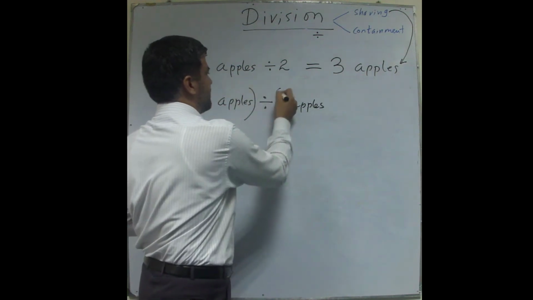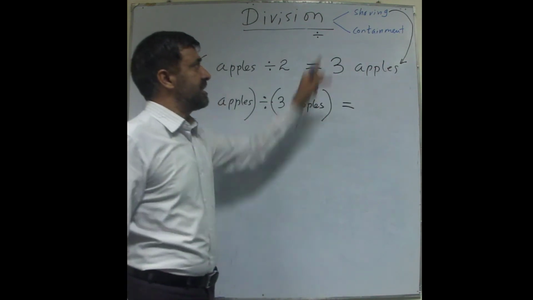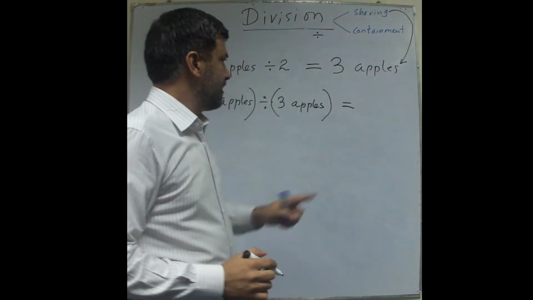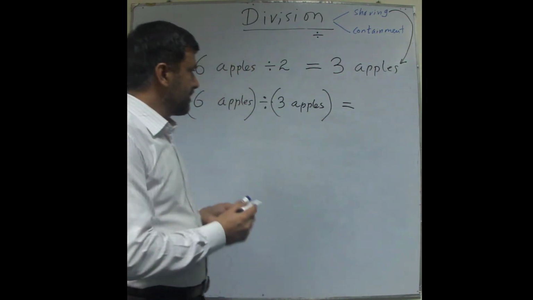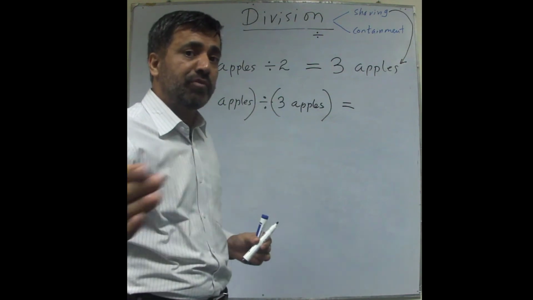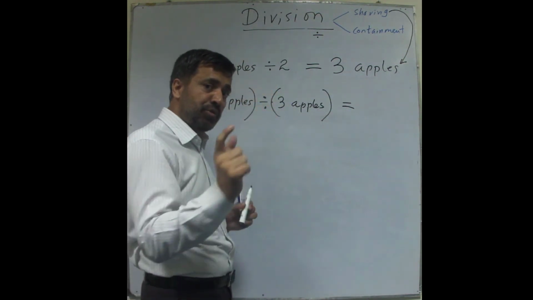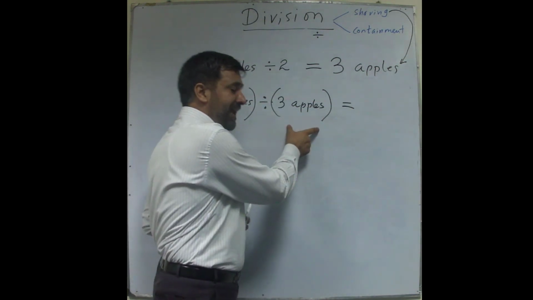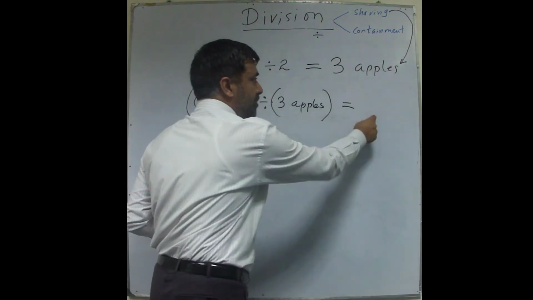Let me put brackets so that you know what I'm doing. This is now the containment interpretation. The question here is, how many groups will I have? I definitely am going to divide 6 apples among a number of groups. Which number? I don't know. What I do know is that each group will contain 3 apples. Remember, containment. So how many groups will I have?